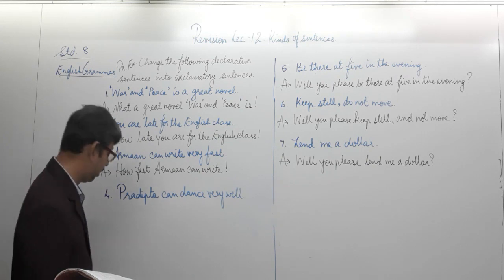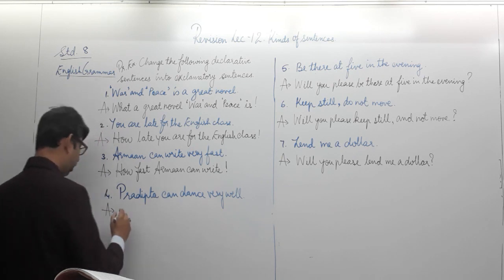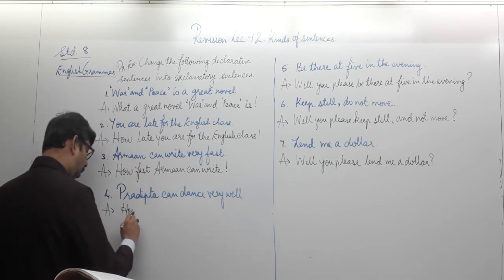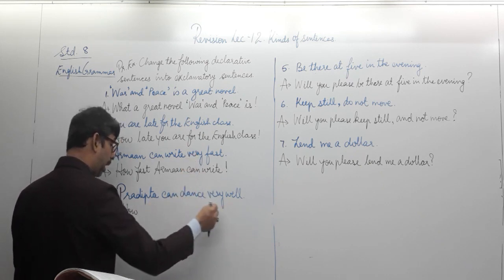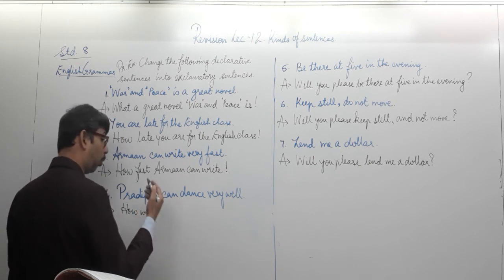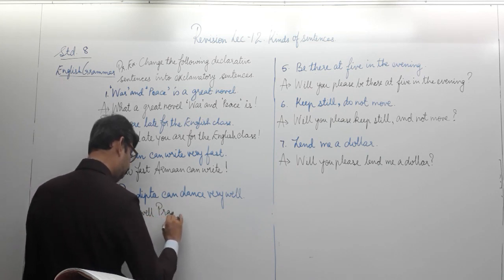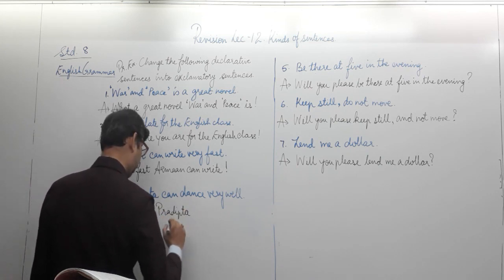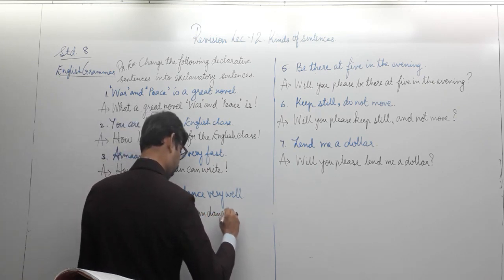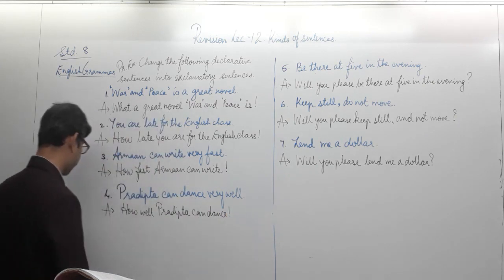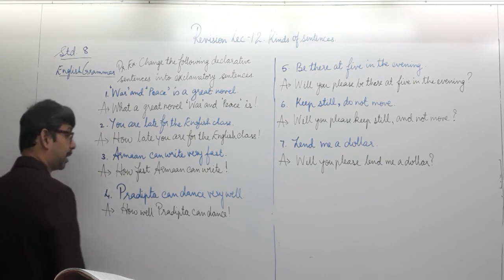We are going to express this as an exclamation simply by applying the word how. How, and then we will be eliminating the word very, just as we eliminated it earlier. How well. Who is dancing well? Pradipta is dancing. So how well Pradipta can dance. How well Pradipta can dance! In this manner, we changed the sentence into its exclamatory form.